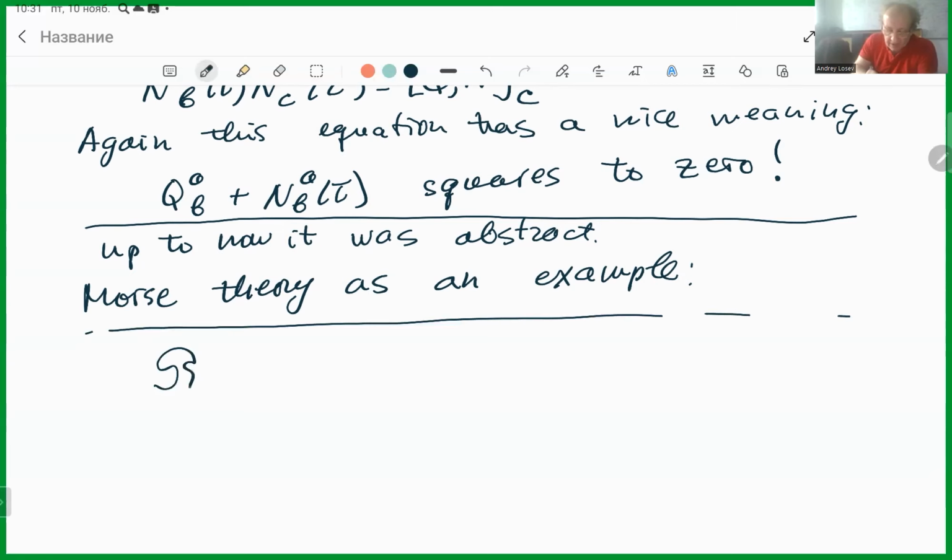Remember that we had V being differential forms on manifold X, and we had H that was LV.